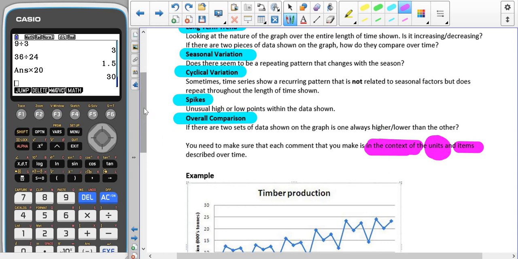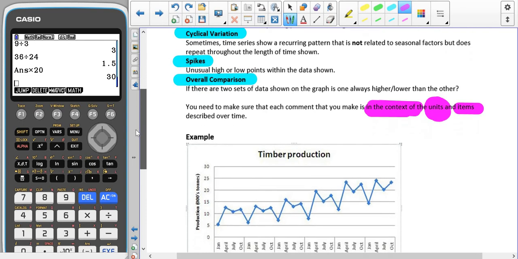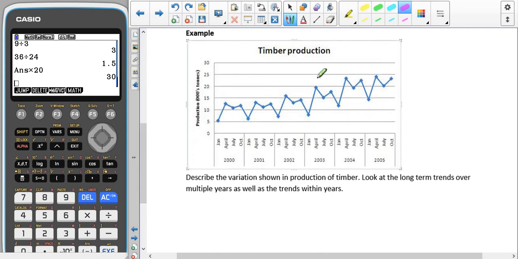You can't just write down this is higher than this. You have to say what is going on. So we're going to have a look at an example of this. We're only going to look at ones where we have a single set of data. Remember that you could add extra comments in if you have two, saying which one is higher, and also if they are changing the same or differently over time.